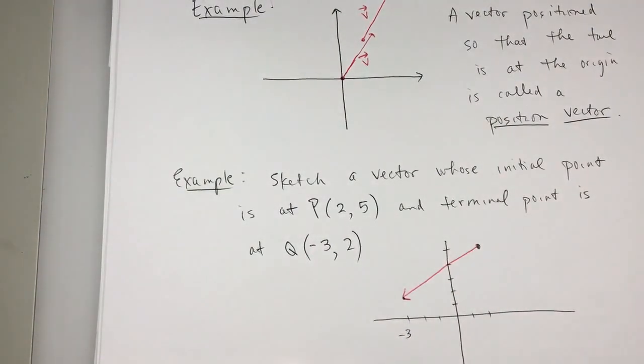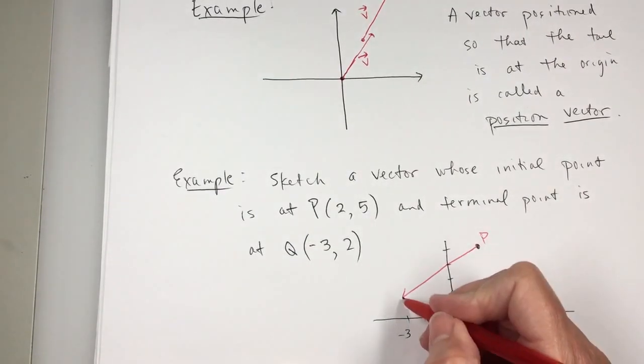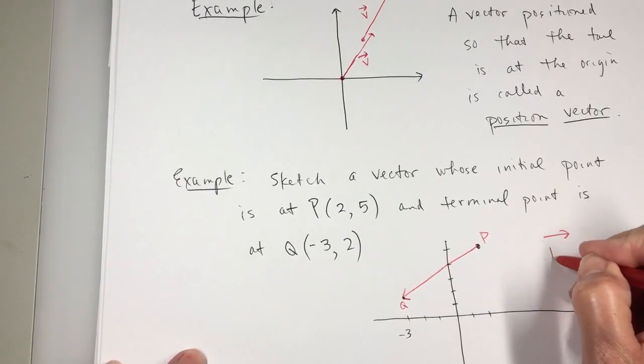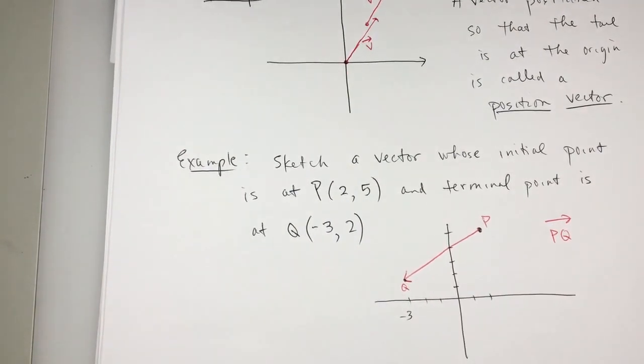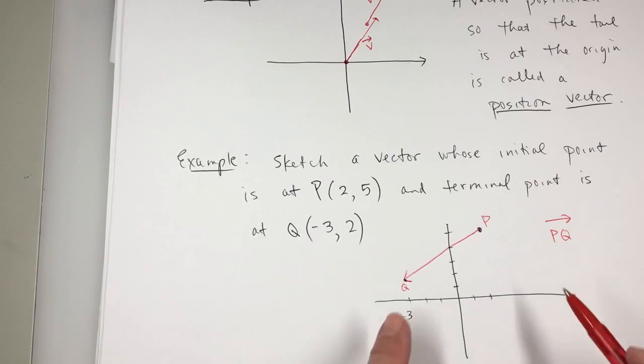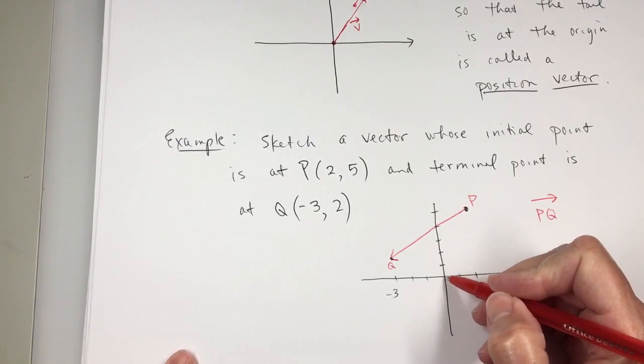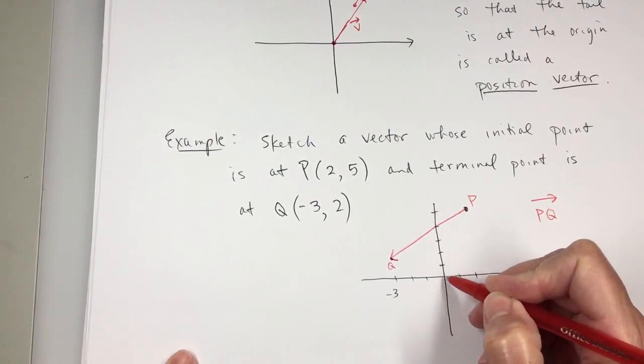In fact, let's put P, and that's point Q. I would call this vector PQ, where the initial point is given first and the terminal point is given second. And if I wanted to use a single letter, vector V, vector W, something like that, I could also do that, but I'll just call this one vector PQ. Now I want to take vector PQ and move it so that the initial point is at 0, 0.